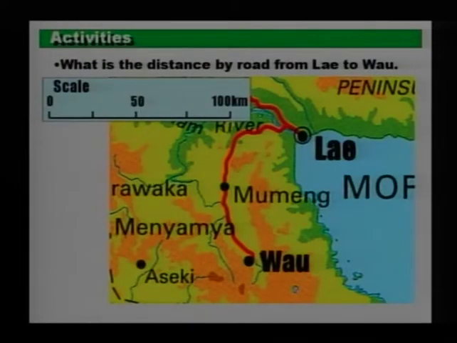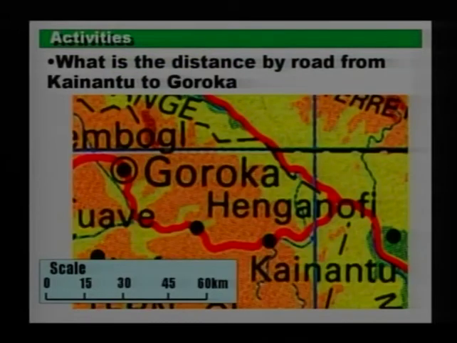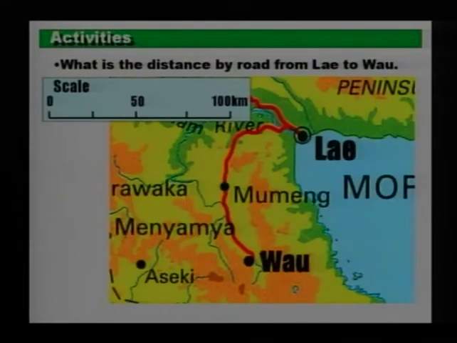Number 2, distance by road from Lae to Madang or Madang to Lae. And number 3, the distance by road from Kainantu to Goroka or Goroka to Kainantu. Okay, I'll give you at least 7 minutes for the completion of those activities, and then we'll go through correcting that together in class.